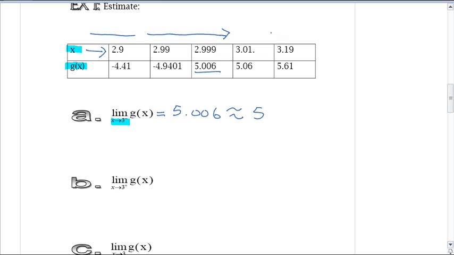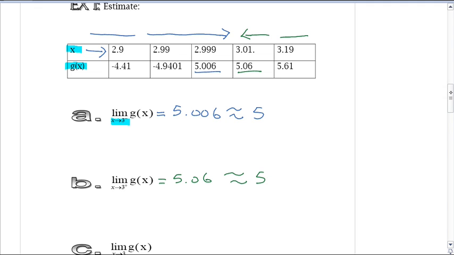If I'm going from the right, let me grab Mr. Green. I'm traveling this way, and I'm going to stop at 3.01 before I reach 2.9999. And if I look at my value here, it looks like it's going to be 5.06, which is approximately 5.